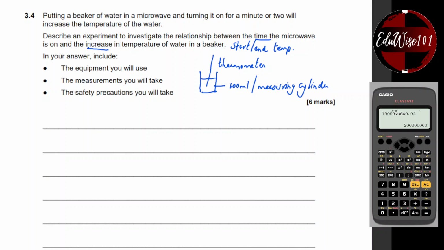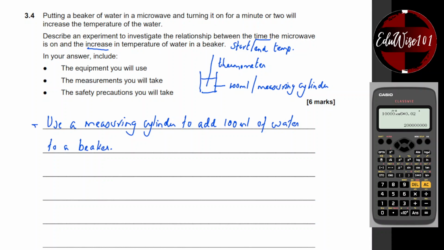What do you do? Let's write this down. Use a measuring cylinder to add 100 milliliter of water to a beaker.